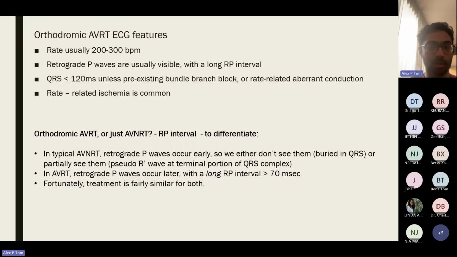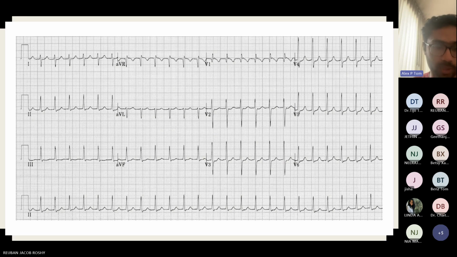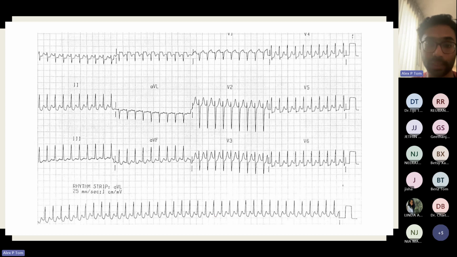Okay, so for orthodromic AVRT, the ECG features are the same as I told you earlier, the same thing that I've written here. So orthodromic AVRT or just AVNRT, that is the confusion. I told you about AVNRT, which would look like this, and orthodromic AVRT, which would look like this. How would you differentiate these two and then treat?